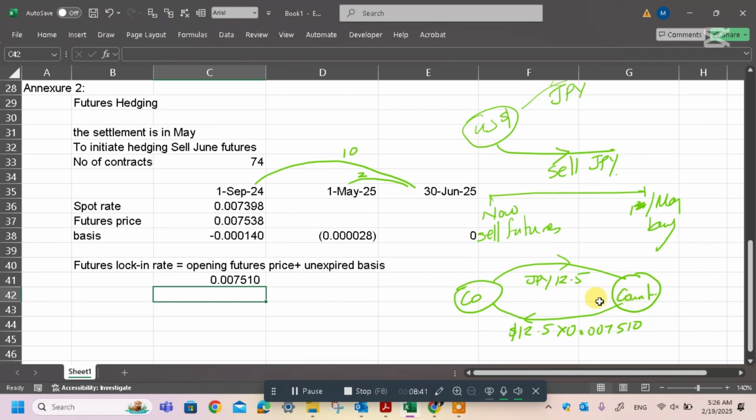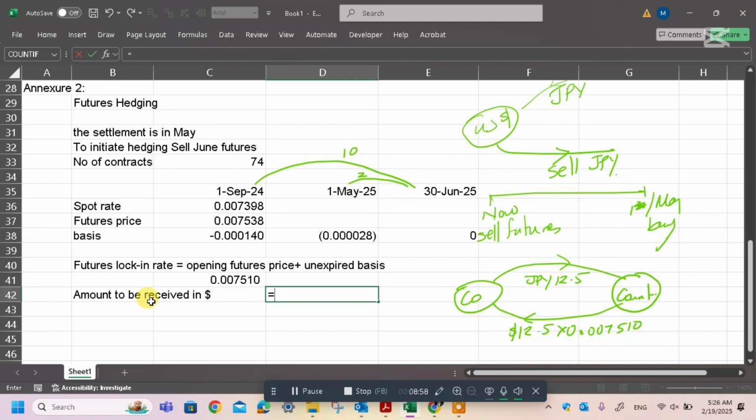This is not the real transaction, again I am repeating, but effectively this is how you are going to assume it. This is for one contract.